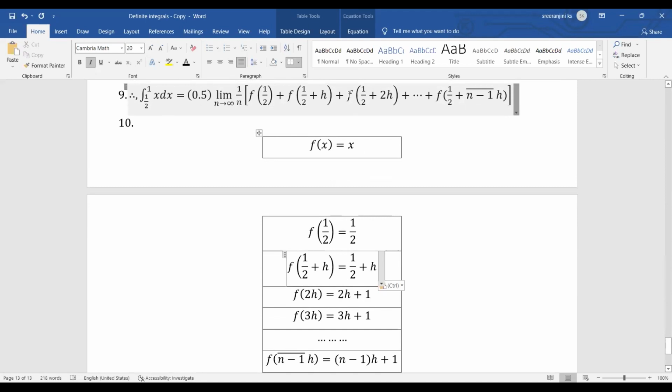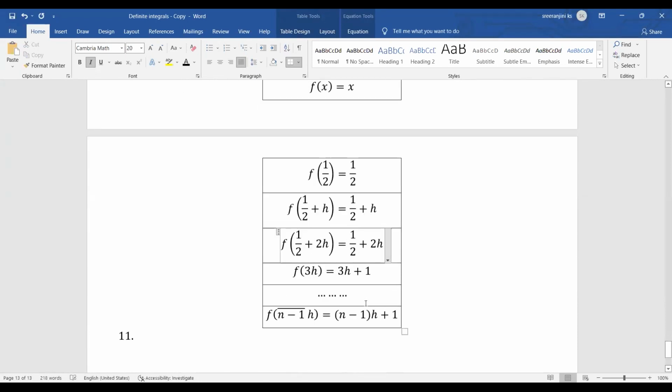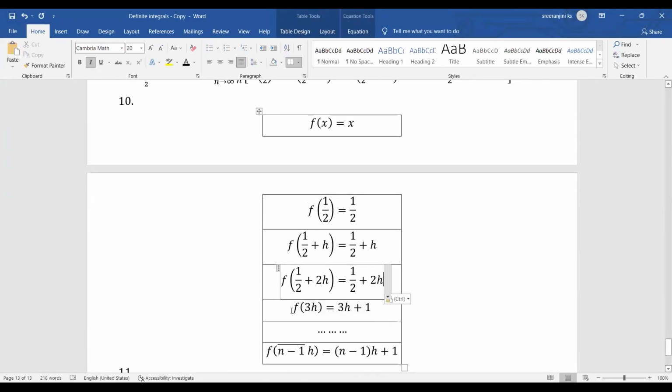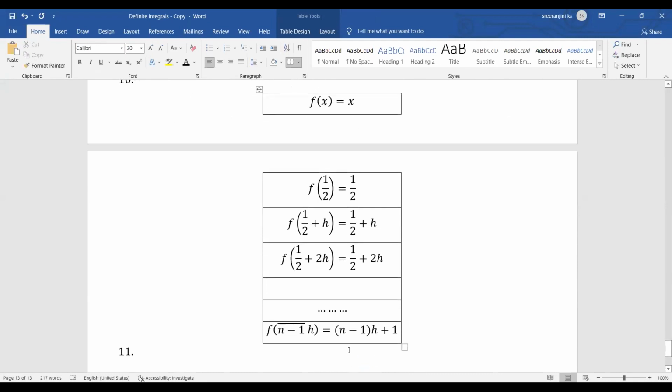Now f of 1/2 plus 2h. F of x is equal to x. Now f of 1/2 plus 2h means x should be replaced by 1/2 plus 2h. So it will be 1/2 plus 2h. Similarly, f of 1/2 plus 3h, everything we can find.